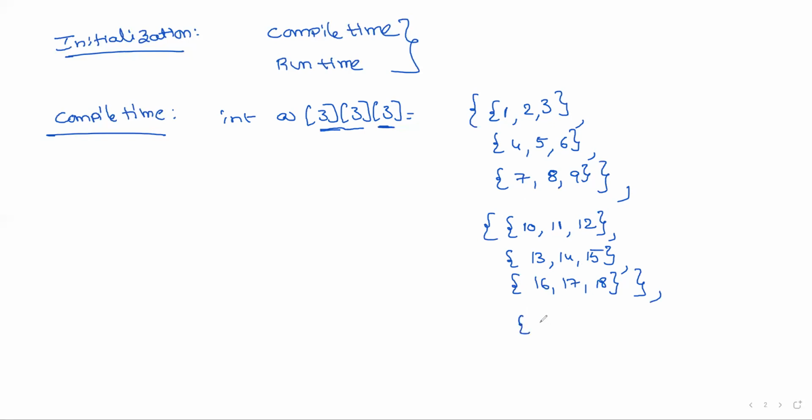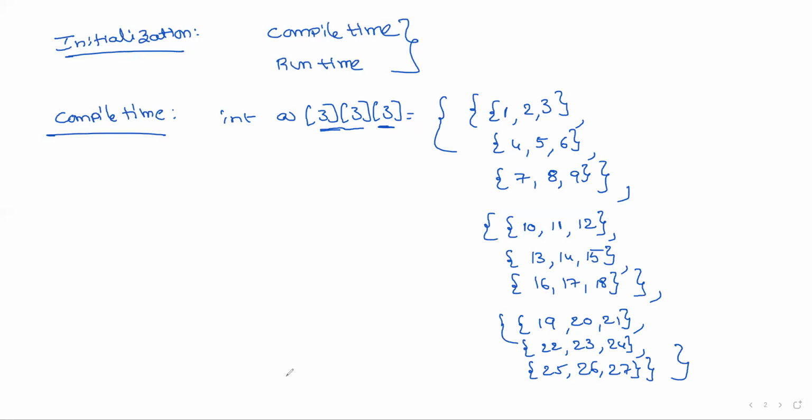Now 19, 20, 21, 22, 23, 24, 25, 26, 27. This is a two-dimensional array. Now this entire thing is called 3D. Now I will explain how to read the values. This is called initialization.